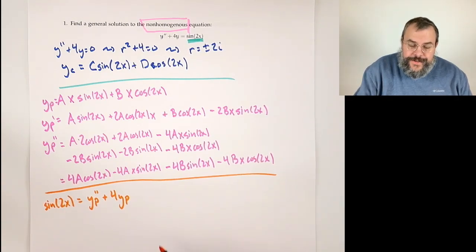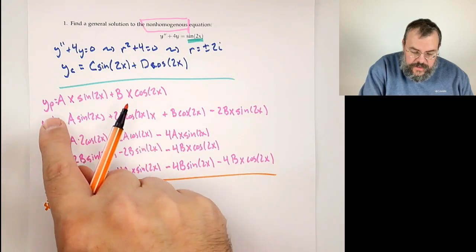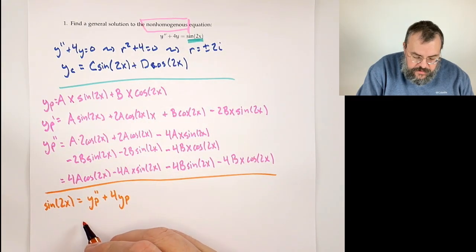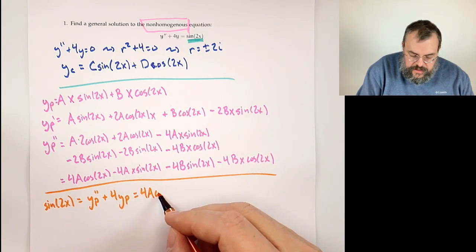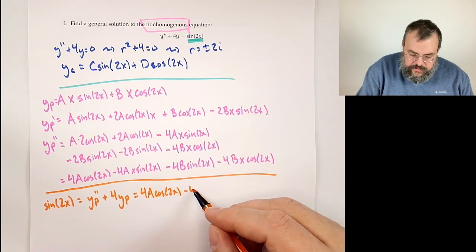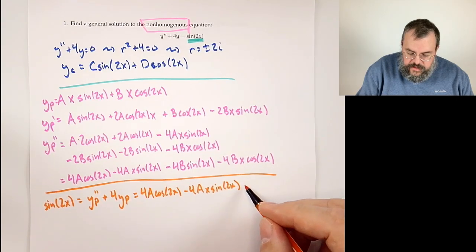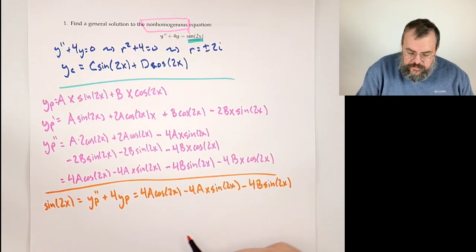And, well, now we say, look, we know what yp double prime is, and we can take 4yp. So this would be equal to 4a cosine 2x minus 4ax sine of 2x minus 4b sine of 2x.